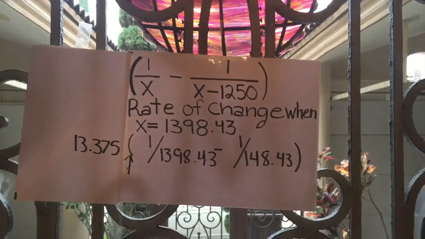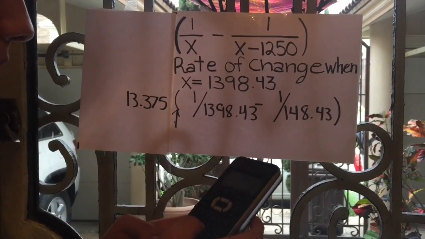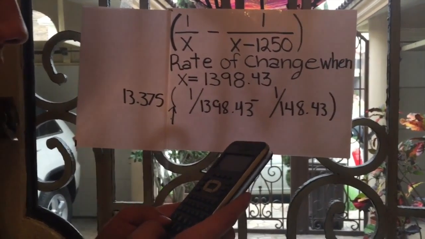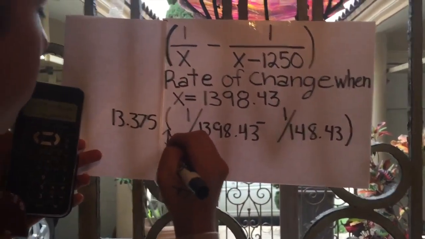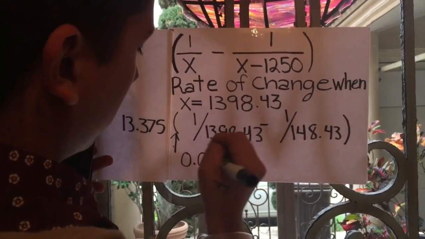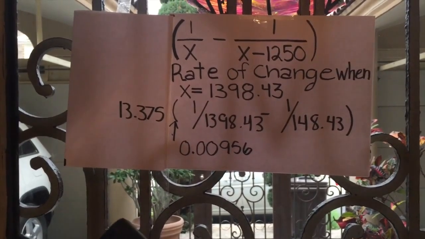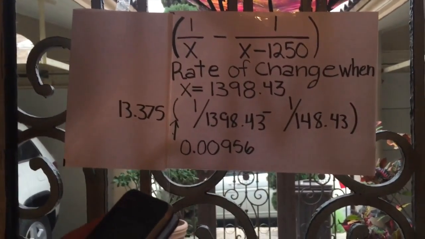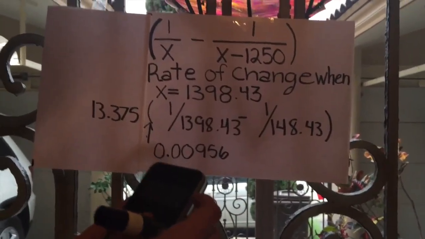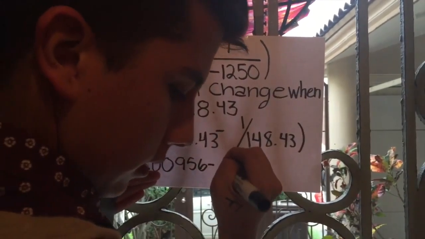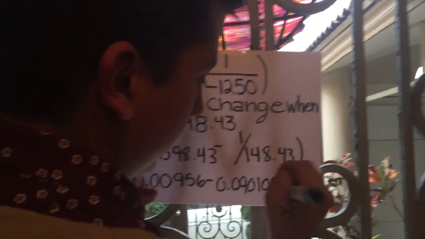We do FOIL, each one with a calculator, and now we make 13.375 times 1 over 1398.43, and the first FOIL gives us 0.00956, and the second one gives us minus 0.09010981.